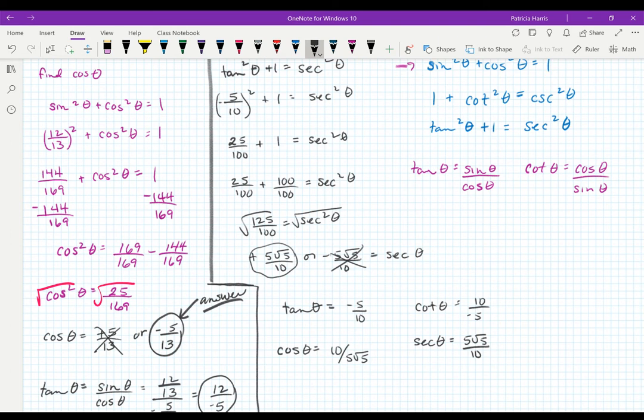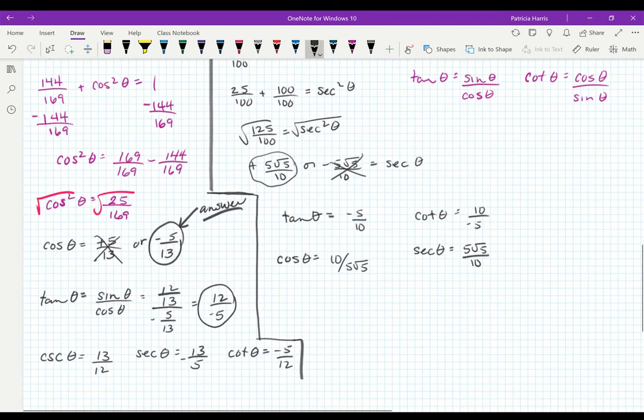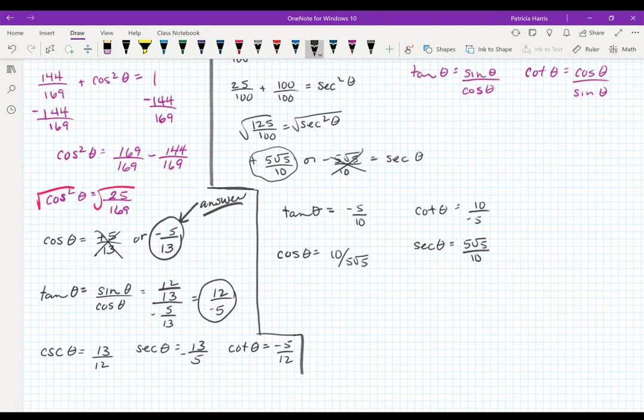And then if I wanted to get super tricky, I could find sine by using tangent times cosine.